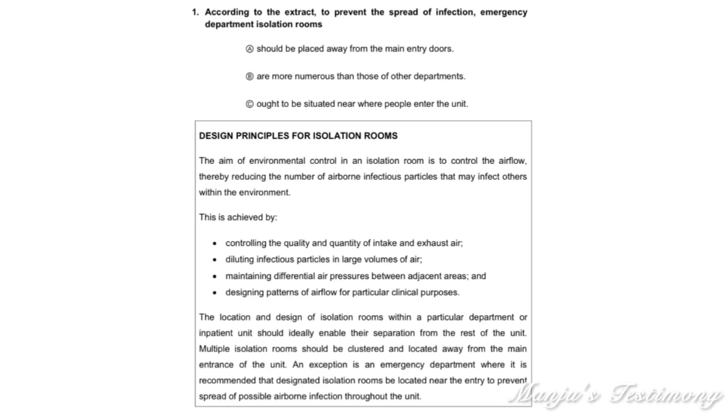So that sentence is clearly rephrased here as it is recommended that designated isolation rooms be located near the entry to prevent the possible infection. So the answer here is option C. Option A and B are for elimination.